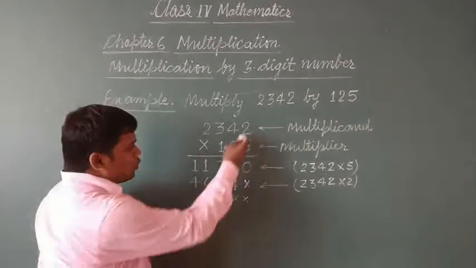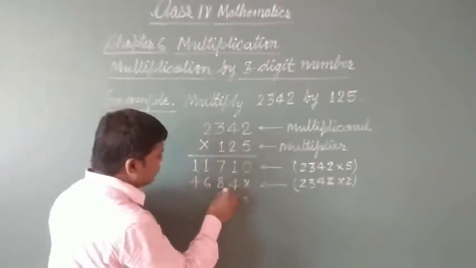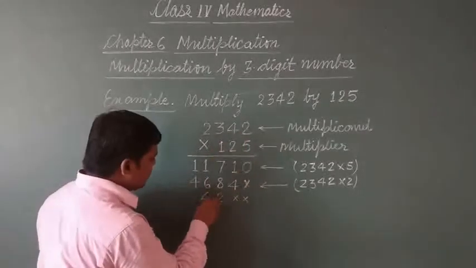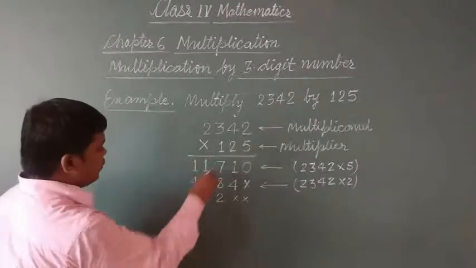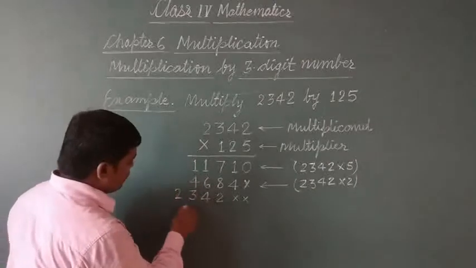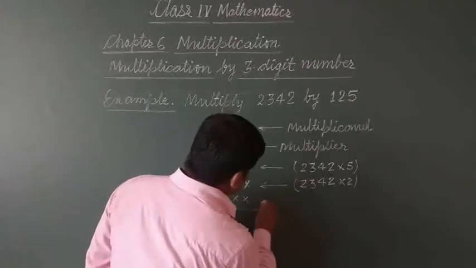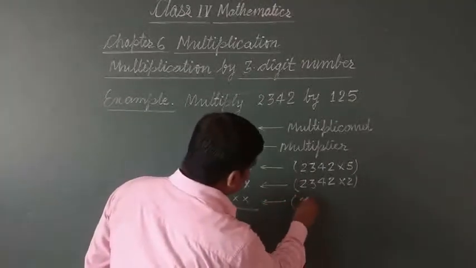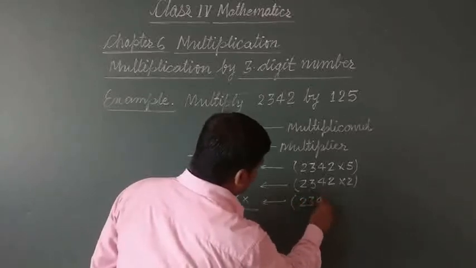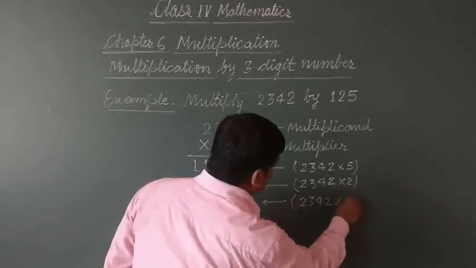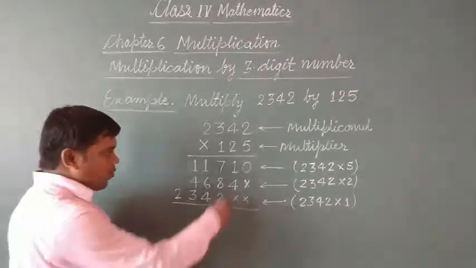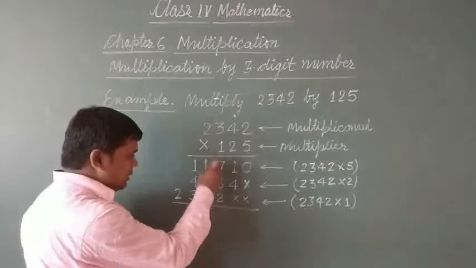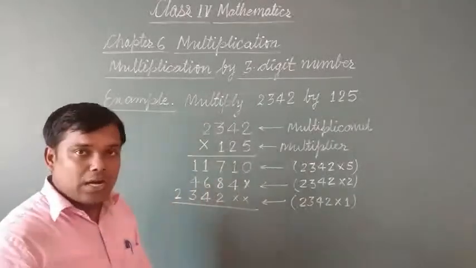So 2 1s are 2, 4 1s are 4, 3 1s are 3, and 2 1s are 2. Now this is the product of 2342 by 1.